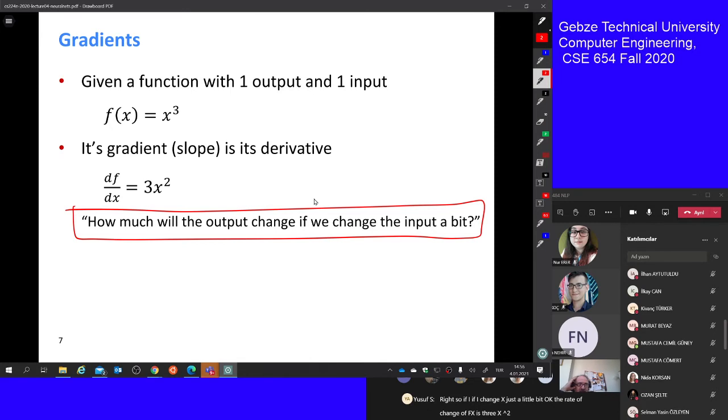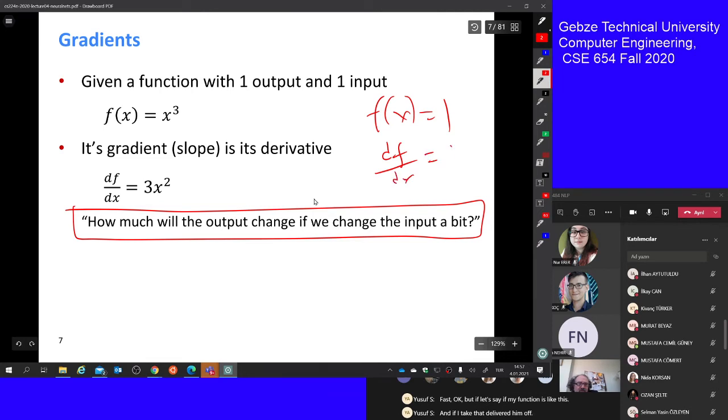It is very fast, right? But if my function is constant and I take the derivative of f with respect to x, what does that mean? If I change x a little bit, how much is f(x) going to change? 0. It's not going to change anything, because it is constant.